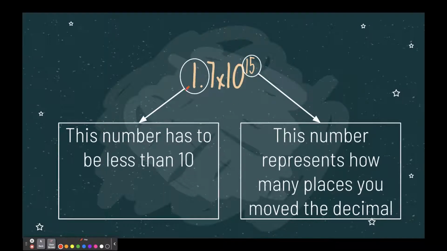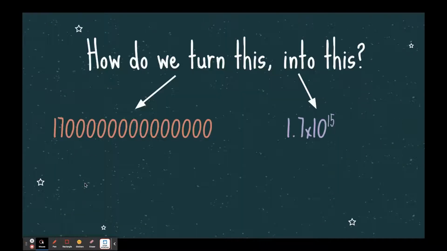So pause the video, write this down in your notes real quick, and then we're going to show you how to do that. So now, when we look at this number, how do we do this? Again, we want to move that decimal. This is where our decimal is. If we don't see our decimal, we just assume it's here at the end. We need to move that decimal.